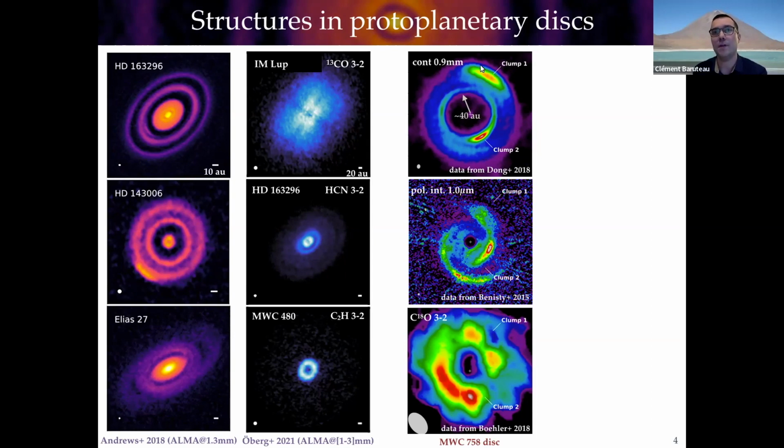If you believe that that structure, which is denoted by clump 1 in the image, has to do with the planet which is located outward of that structure, then indeed you can have a range of planet masses and planet semi-major axes that can still make that structure out in the synthetic maps.